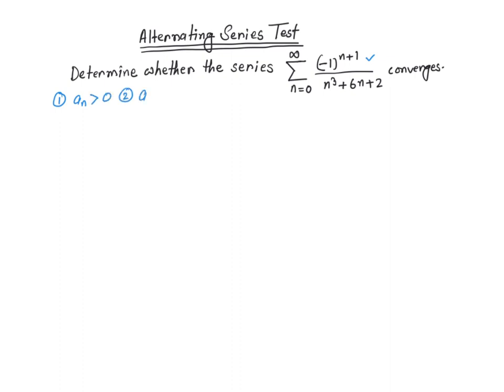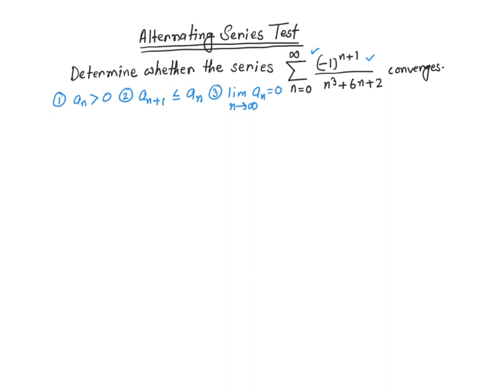Two, a sub n plus 1 is less than or equal to a sub n. And three, the limit as n approaches infinity of a sub n is equal to 0. If these three conditions are satisfied for this series, then it's going to converge.